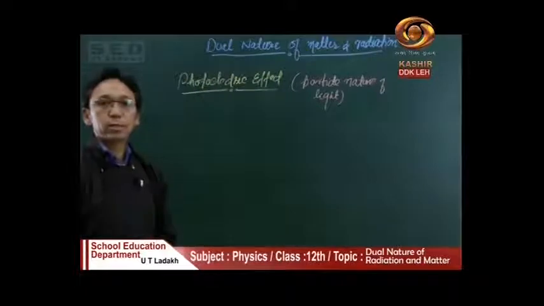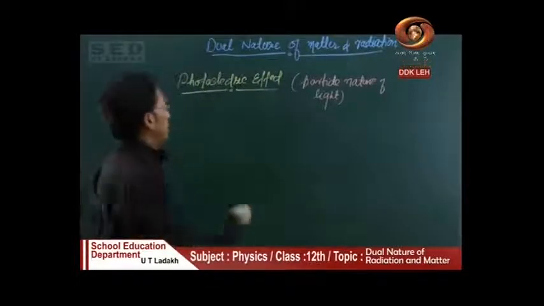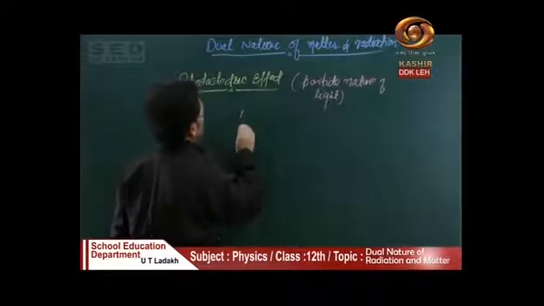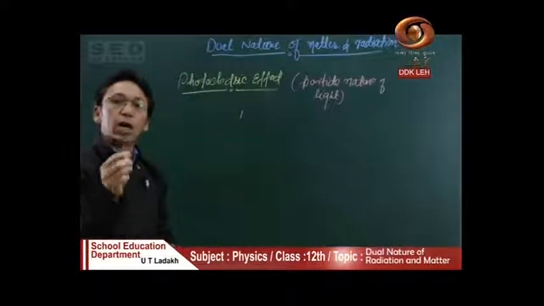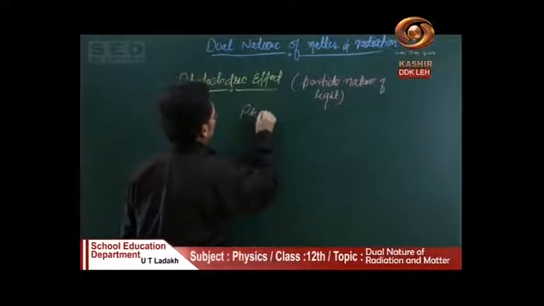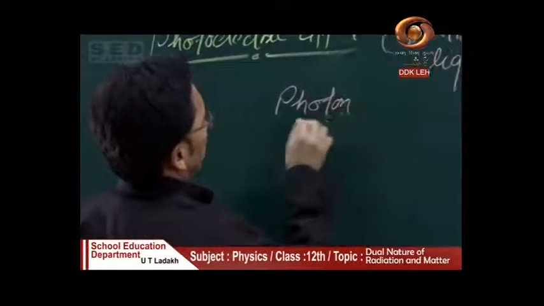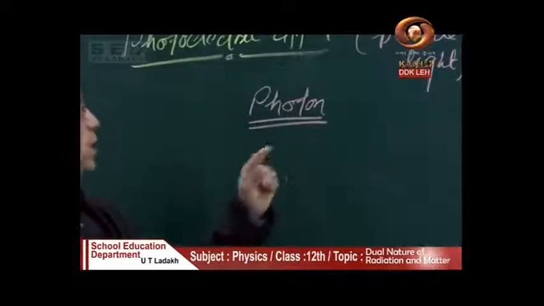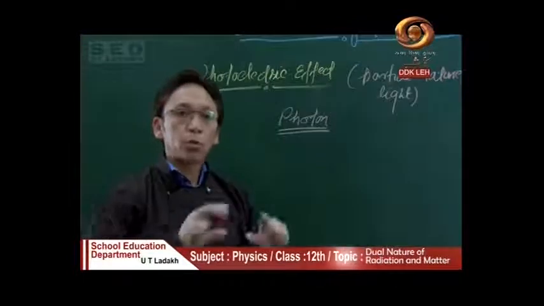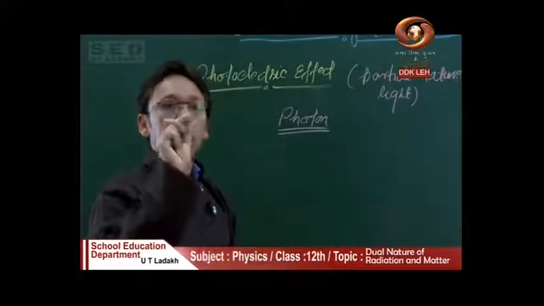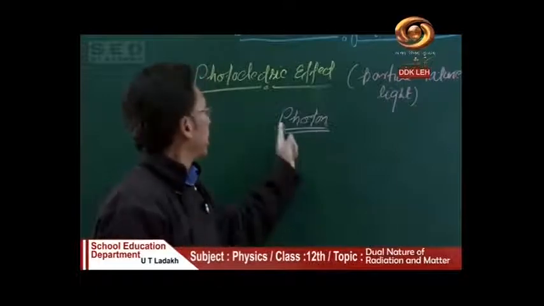According to Planck's quantum theory, he said that radiation consists of small packets of energy which are called photons. So photons are the particles of radiation. All radiations have small particles which carry small packets of energy called photons.